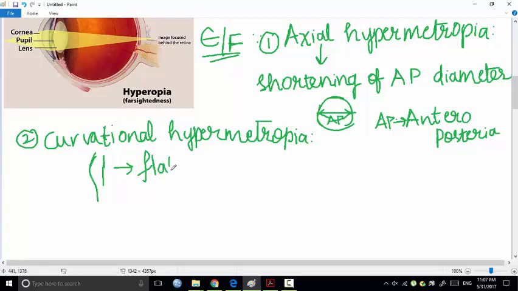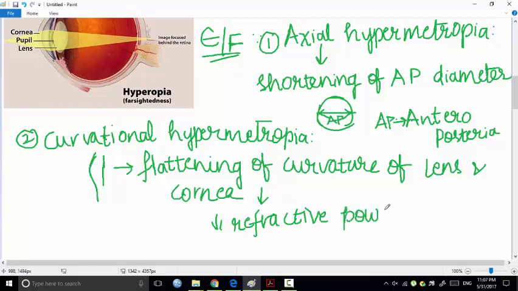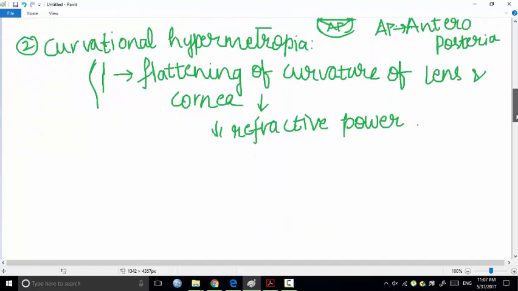So flattening of the curvature of the lens and cornea occurs. What happens if there is flattening? This leads to decreased refractive power, leading to hypermetropia.